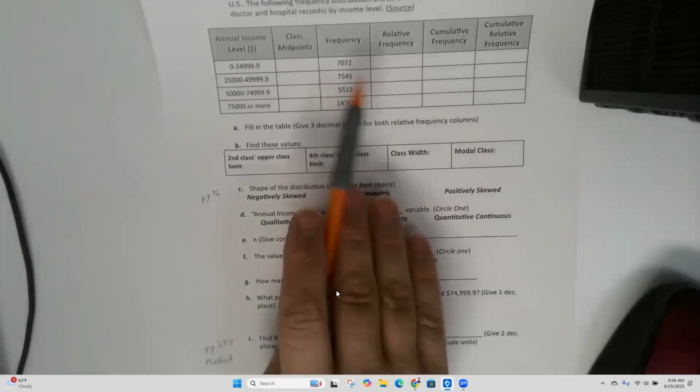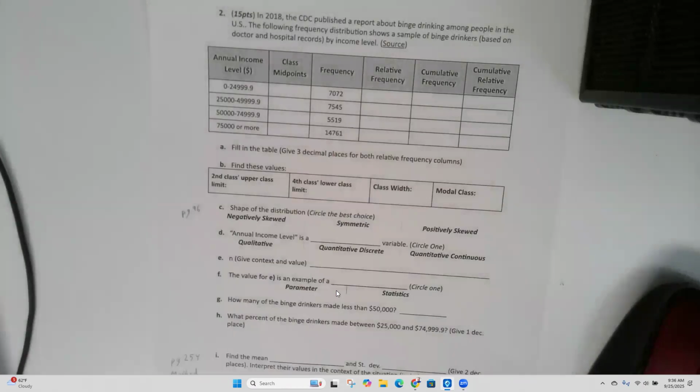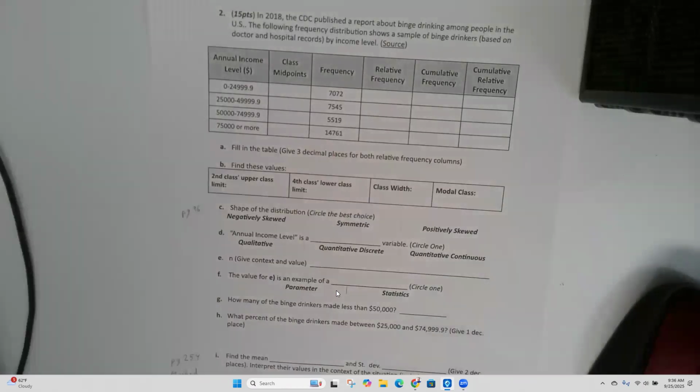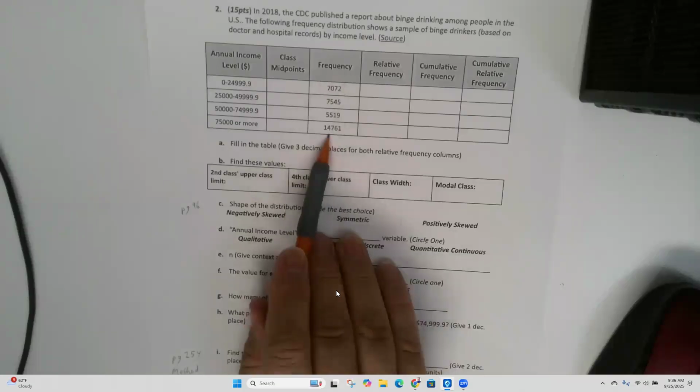For question number two, which one of those do we have? Which method should we be using? We have frequencies here, so this is a frequency distribution.